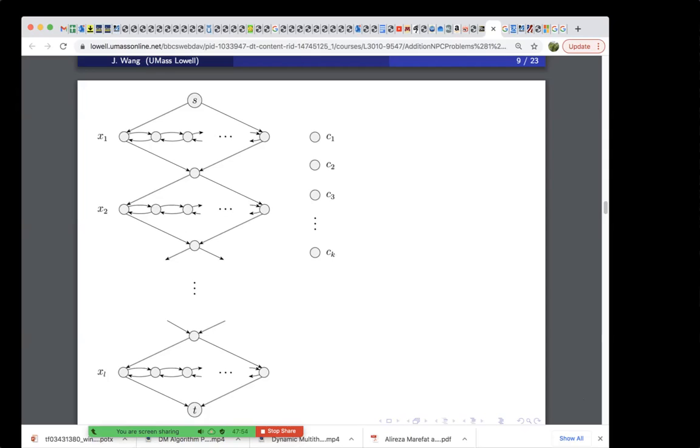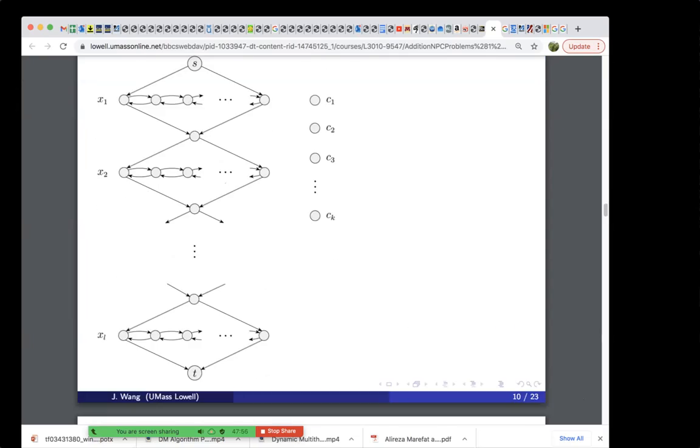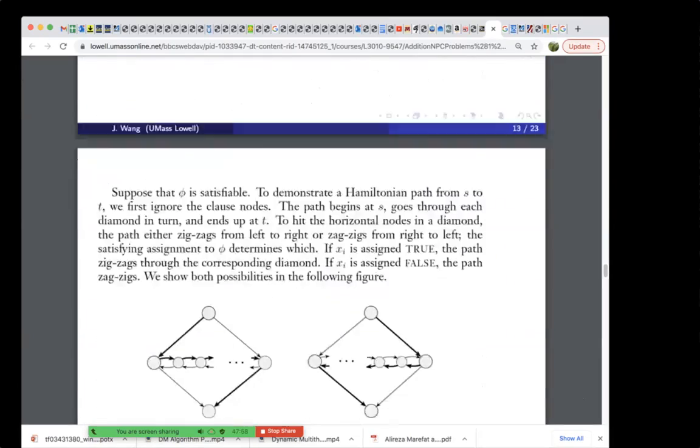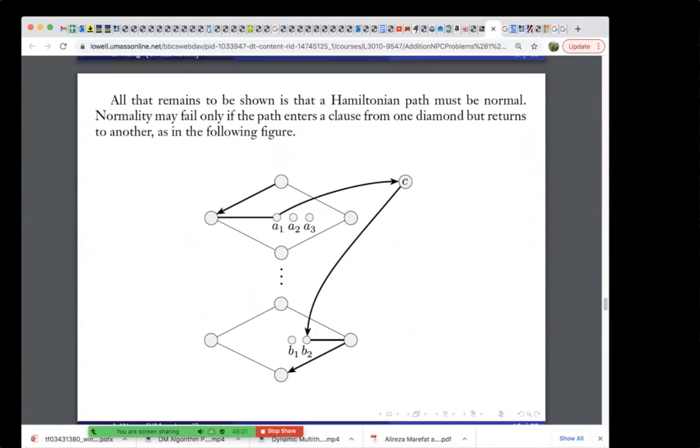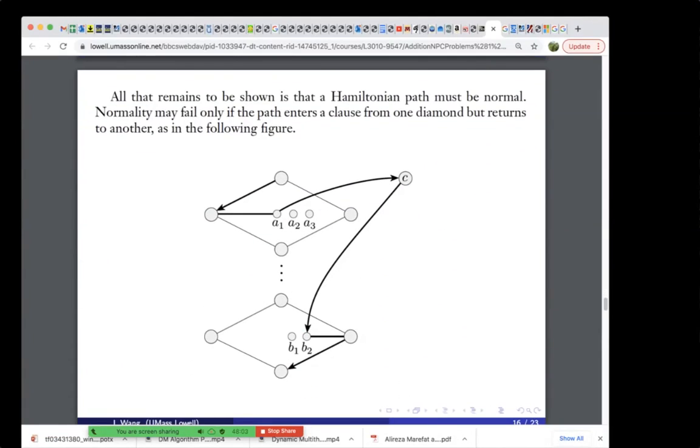So this is where the cleverness comes in. For this particular construction, we can see here that if we don't do the normal traversal, instead I go here, I go to this cross, and then I go to the next, not the immediate one, not the adjacent diamond. I go to a diamond somewhere below, right? So it's not the adjacent diamond.